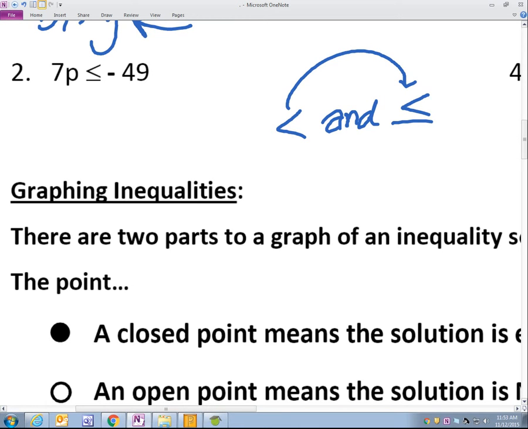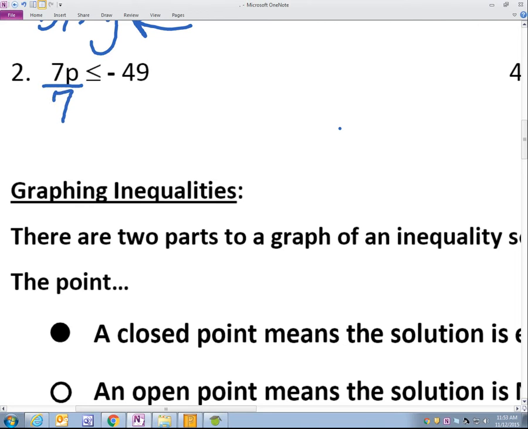That's how you know it's less than or equal to. So 7p is less than or equal to negative 49. 7 is being multiplied by p. So I have to divide by 7, because that's the inverse of multiplication that we learned 4 weeks ago. I have to do it to both sides. So it just brings p here.